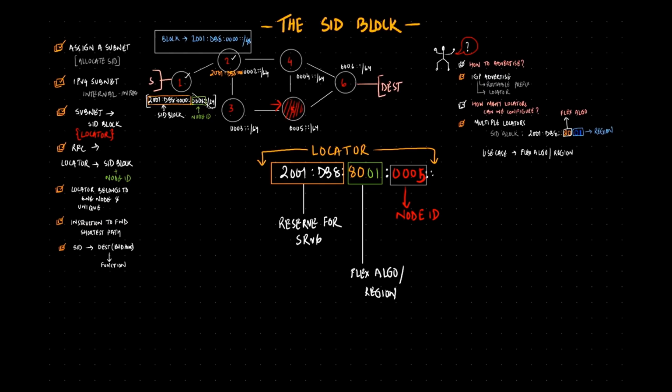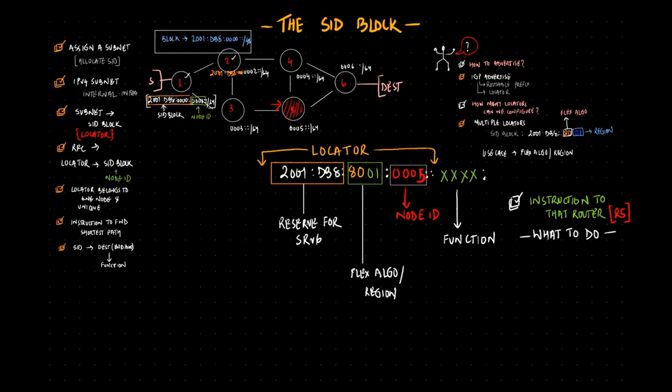Once a packet reaches R5, what will happen? It will check the function. What is the function saying? What action do I need to perform? Based on the function, I will perform the next action, and the remaining bits are used for the argument. So what instruction applies once the SRv6 packet reaches there? It's not about reaching 6, it's about reaching R5.